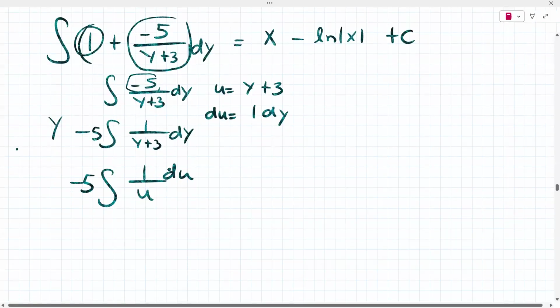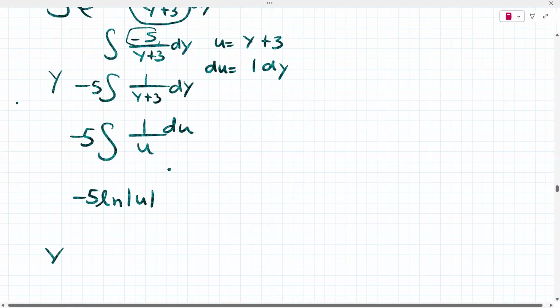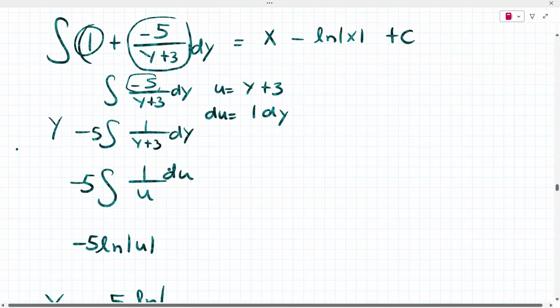And what is the integration of 1 over u? Yes, it's the ln of absolute value of u. And then you still have this -5. So the left side will now be y minus 5 ln of the absolute value of u, which is y plus 3.